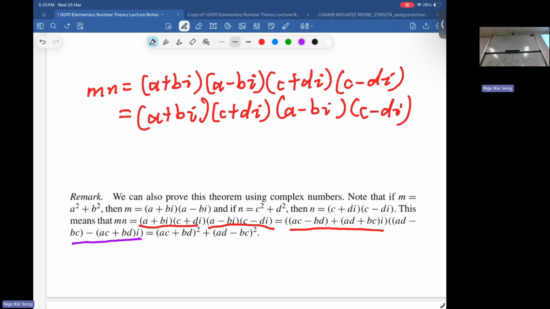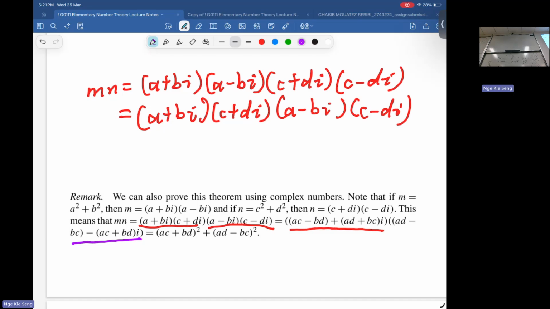Multiplying the two together, you can put a norm around it outside. Assume that a plus bi is w and c plus di is z. Then mn is the norm of w, and this one is the norm of wz. So, I was trying to say that I thought this is a conjugate of this, but it turns out it isn't.